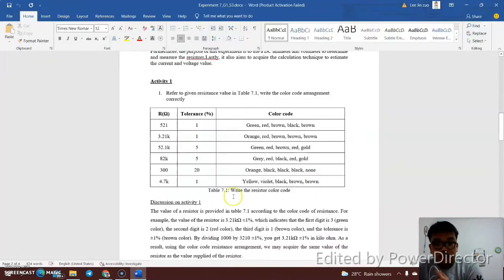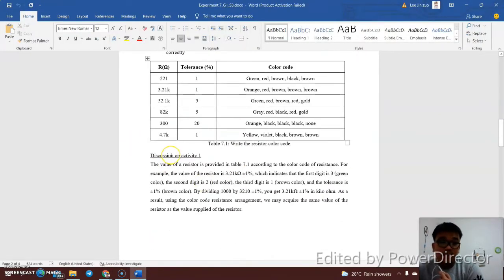So the discussion on this activity is that the value of the resistor is provided in table 7.1, which is the table here, according to the color code of resistance. Another example is the resistance of 3.21 kilo ohm plus minus 1% tolerance, which indicates the first 3 digits are green, red, and brown according to the reference here.